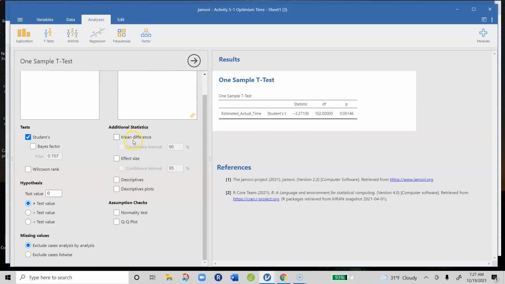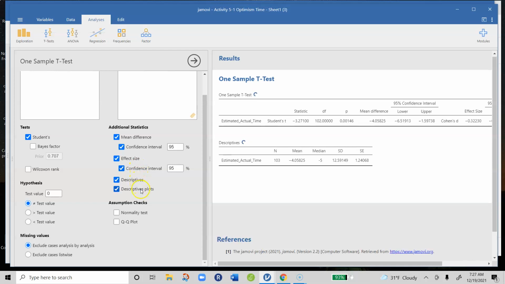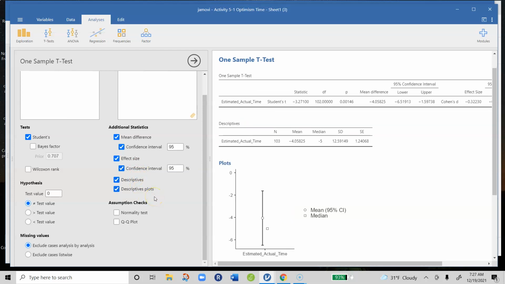In terms of statistics we're going to need the difference between the means, confidence interval, effect size with a confidence interval, descriptive statistics, and descriptive plots as well. Okay. And that's all you need to actually interpret the data here. Okay. So I'm going to move this window over if I can. Trying to, maybe I can't.